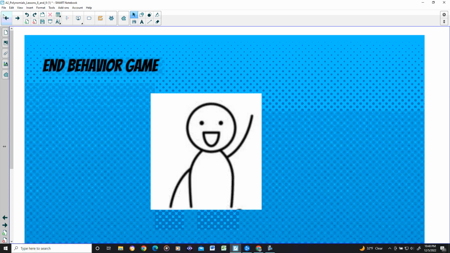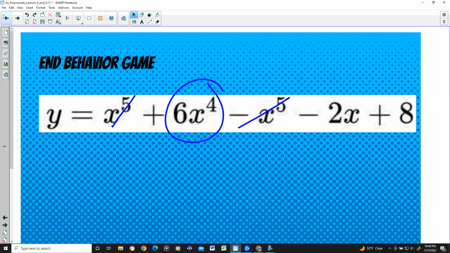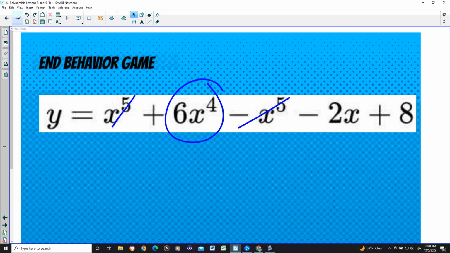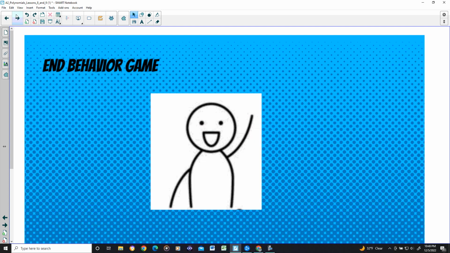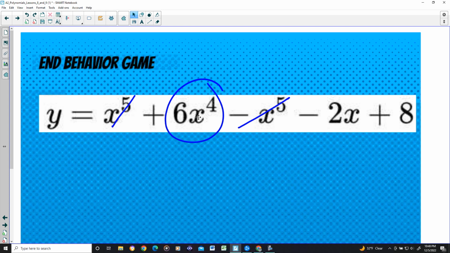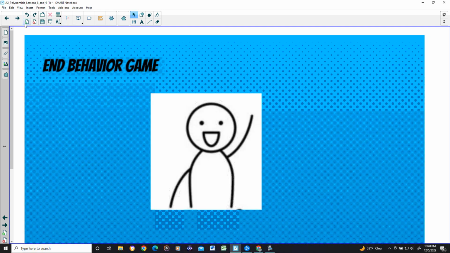Oh, okay. Anyway, because you've got that minus x to the fifth term. Okay, so that one's not right. So let's fix that one a little bit here. Because again, what really is going to happen? It's positive. It's x to the fourth. We can graph this. Maybe I should have quit while we were ahead. Let's give him a third arm.